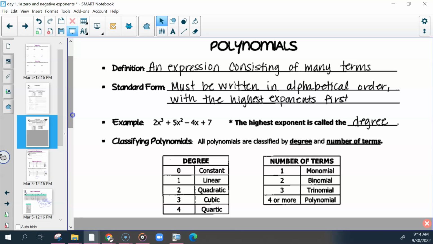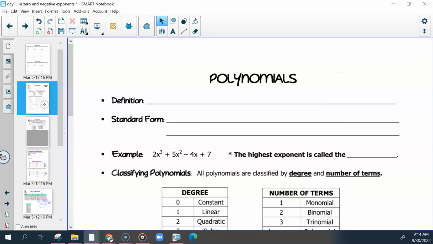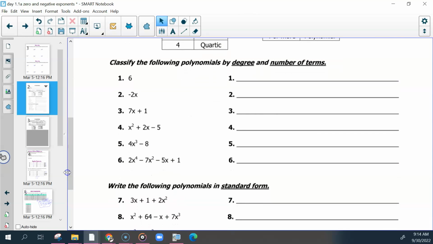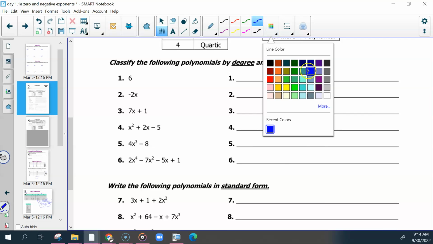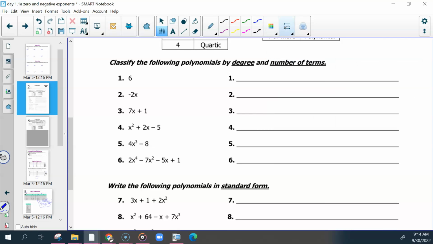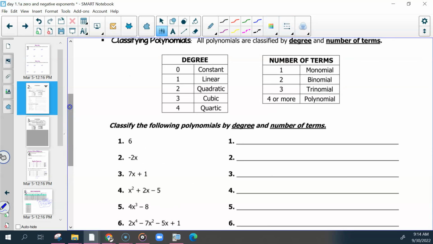Okay, questions on this so far? We're going to use this table to classify some polynomials, as well as put them in standard form. This has an exponent of 1, so that would be a linear, anything with just x, not x to a higher exponent.